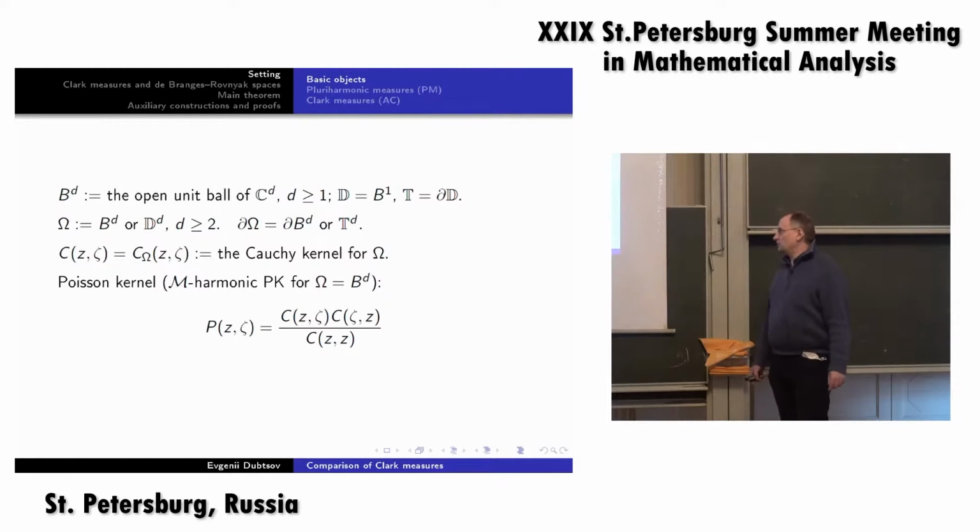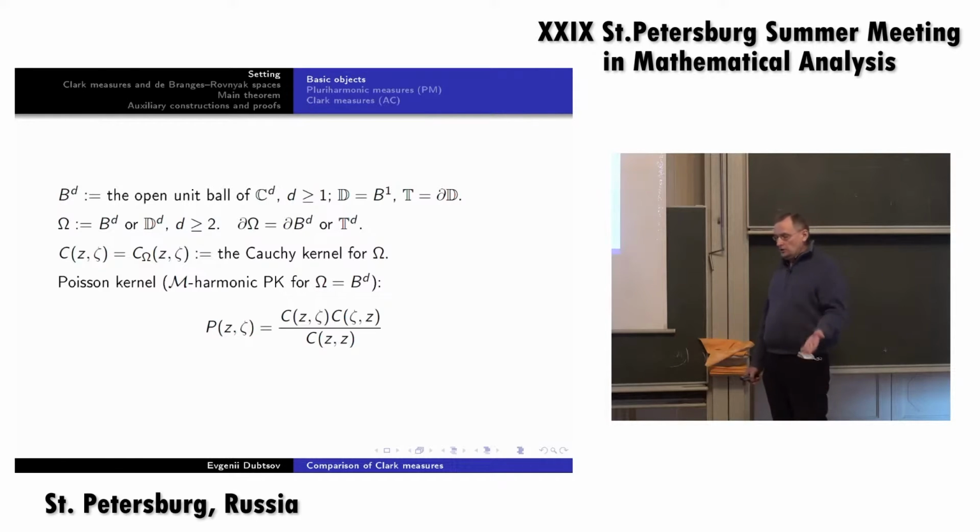I consider the corresponding Cauchy kernel, and given this Cauchy kernel for the unit ball or the polydisk, we consider the Poisson kernel, which is just the quotient of the Cauchy kernels, C(z, zeta) times C(zeta, z) over C(z, z).